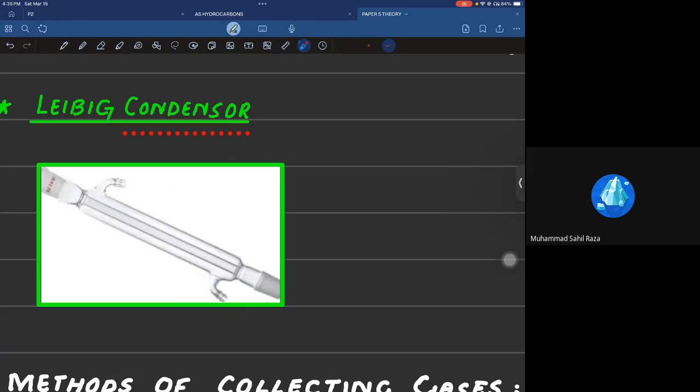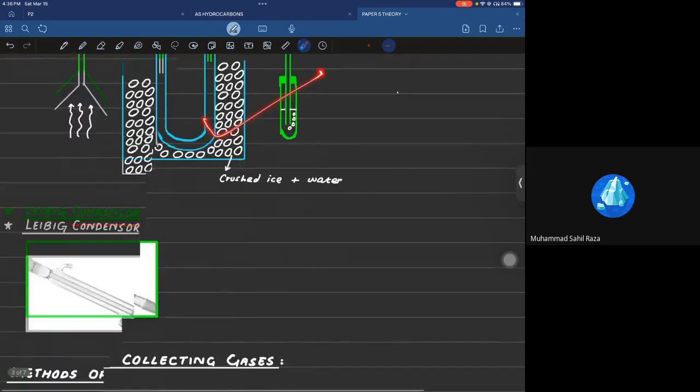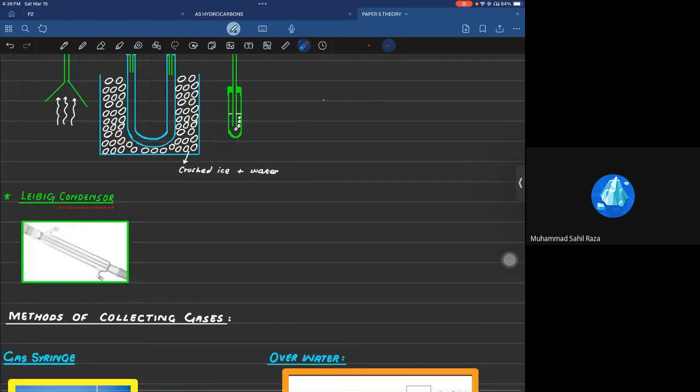We are going to reduce the temperature of this tube so that when the gas enters this tube, its temperature would be decreasing, and ultimately the gas is going to convert into liquid form. So we have two ways: number one, this, and number two, this.